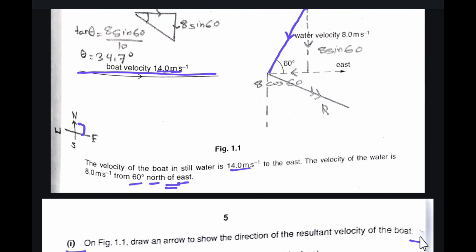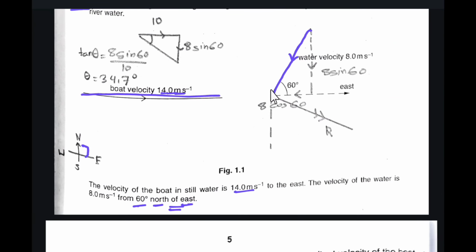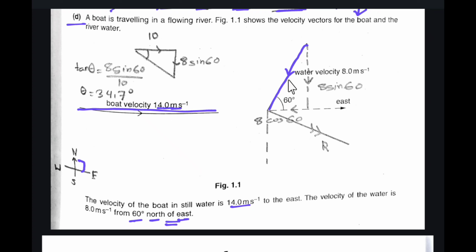This is a 1 mark question. To draw this arrow, first we need to draw the vertical and horizontal components of the velocity of water. The vertical component is 8 sin 60, since the velocity is 8, and the horizontal component is 8 cos 60.